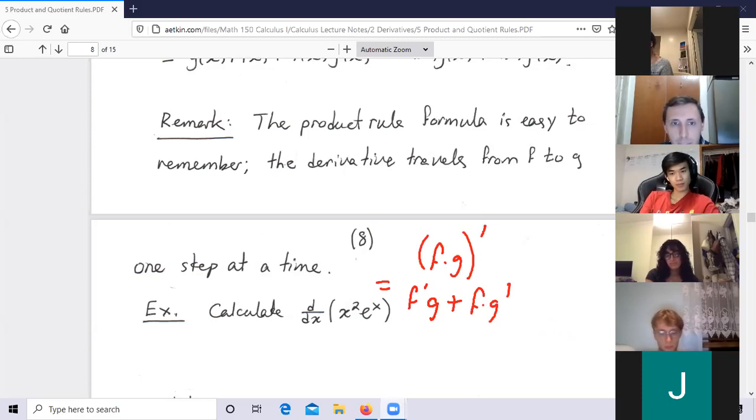You mean e to the x fully, correct? Not 2x e squared, you mean e to the x. All right, cool. Very good, very good.